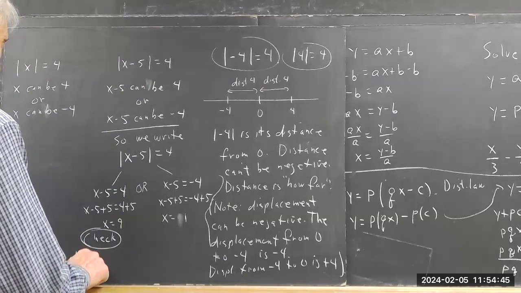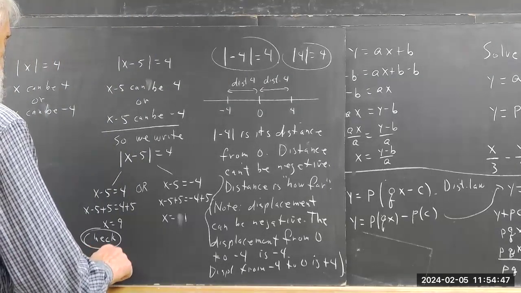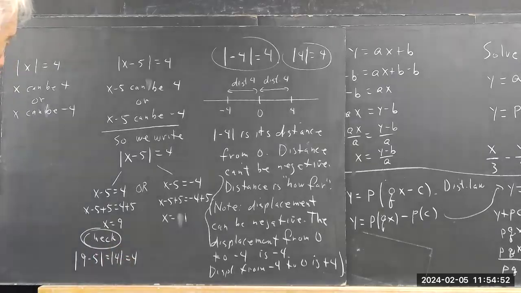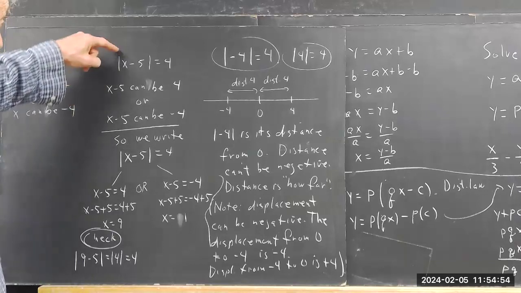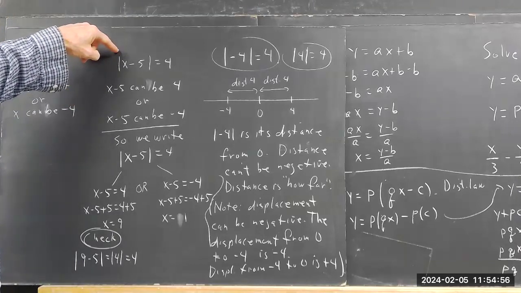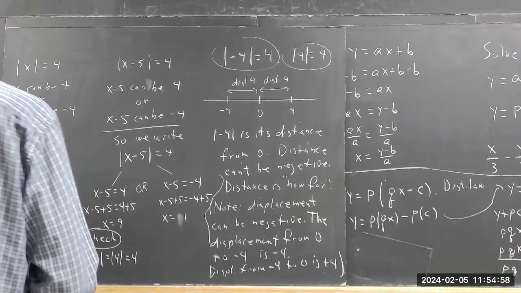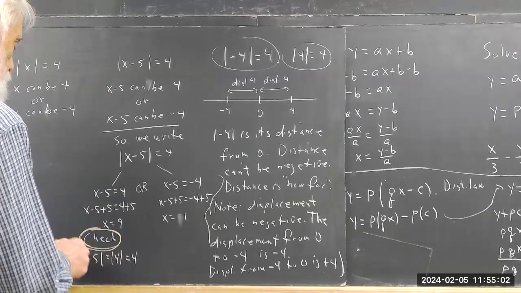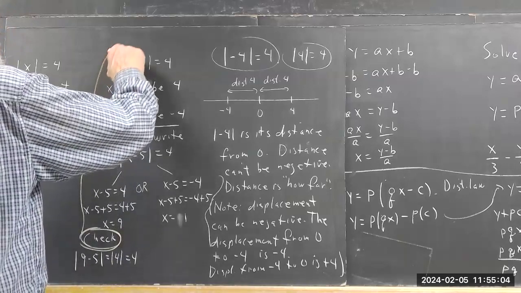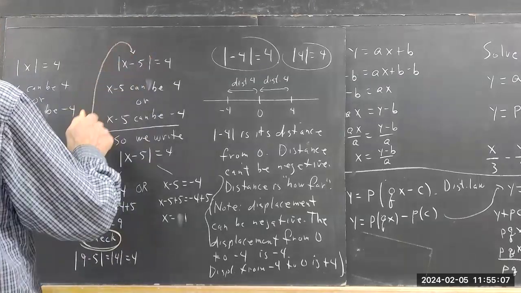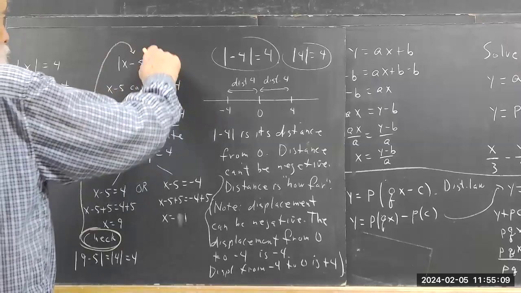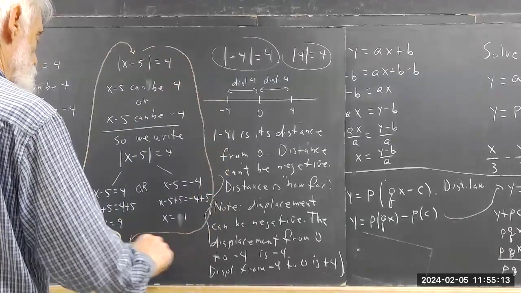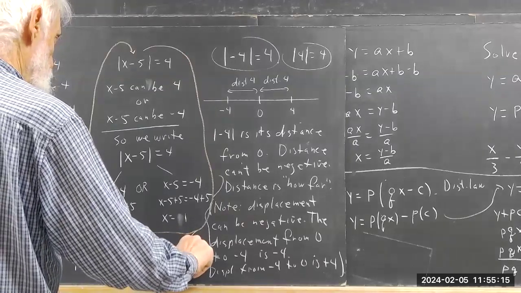The absolute value of 9 minus 5 equals the absolute value of 4, which is 4, right? In other words, we substitute x equals 9 in here. And let me do what I usually do. Bring this up into the equation. It's going to give me two things, one here and one here.